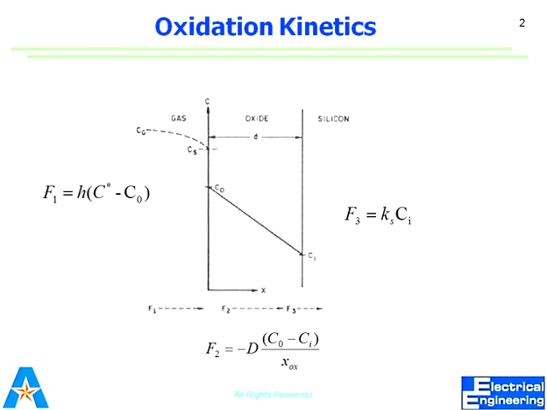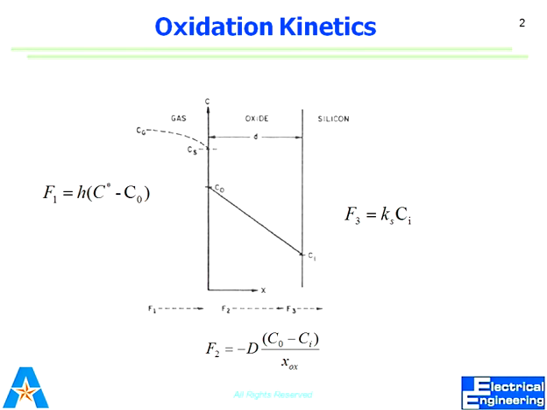F2, of course, because in F2 it needs to diffuse through the oxide layer. So F2 is depending upon the diffusion coefficient, or I should say, this is the diffusion equation.